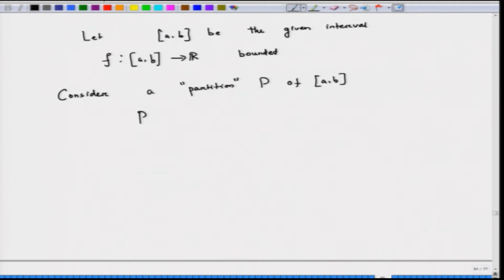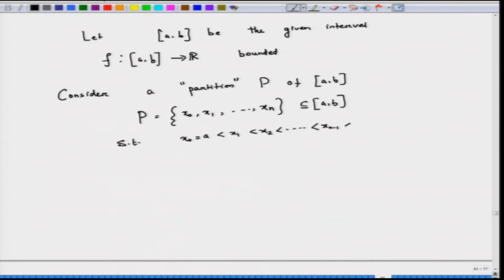That is, P is a finite set which consists of x naught, x 1, and so on, contained in [A, B], such that x naught is equal to A, which is less than x 1, less than x 2, and so on, less than x n minus 1, less than x n, which is equal to B.